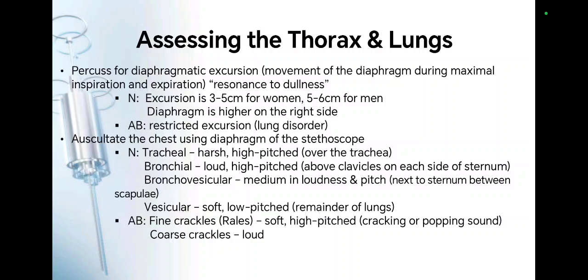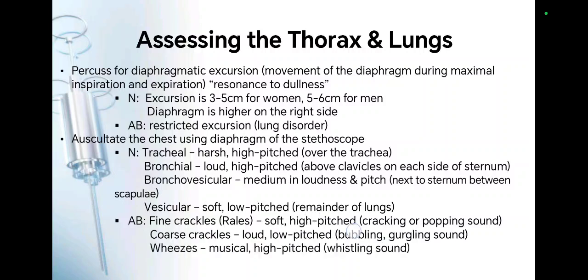Now, we have abnormal sounds. If these are auscultated in a patient, then that's an abnormal sign. Fine crackles or rales are a soft, high-pitched, cracking or popping sound. This may tell you that there are secretions over the airway.